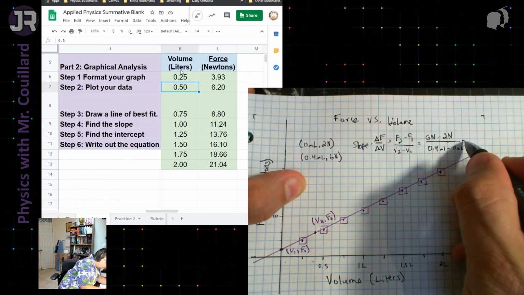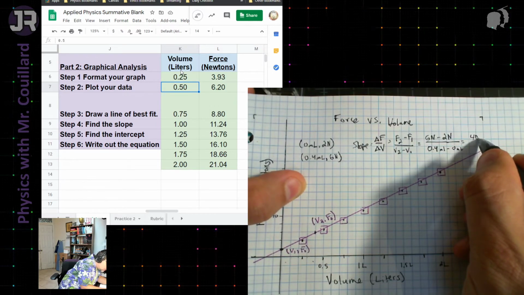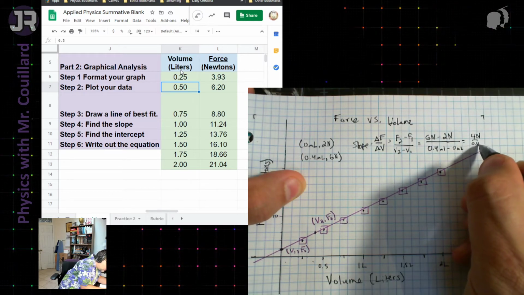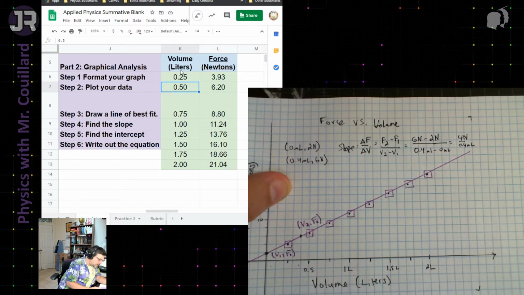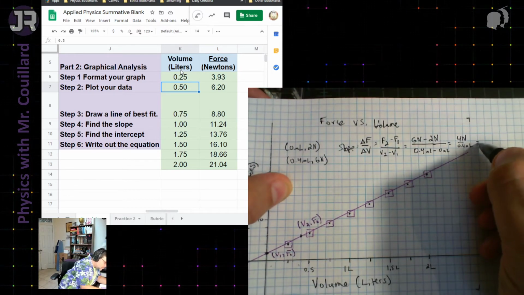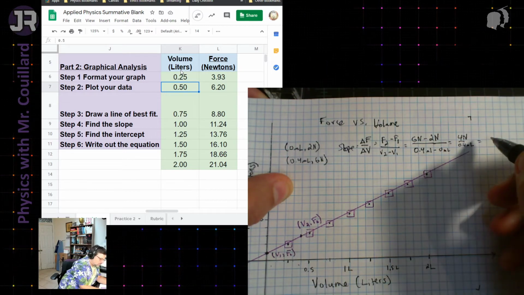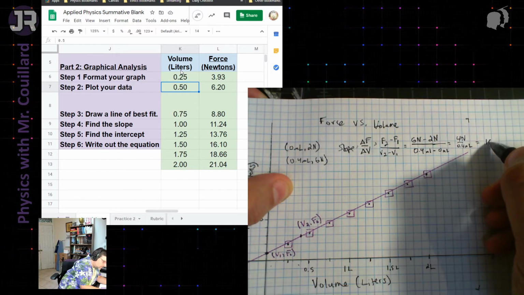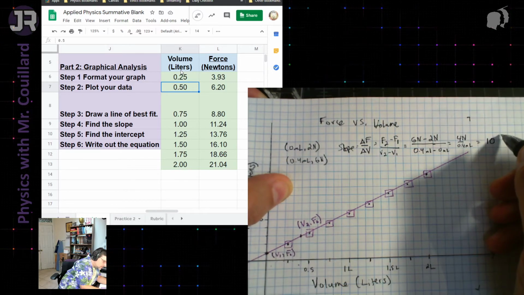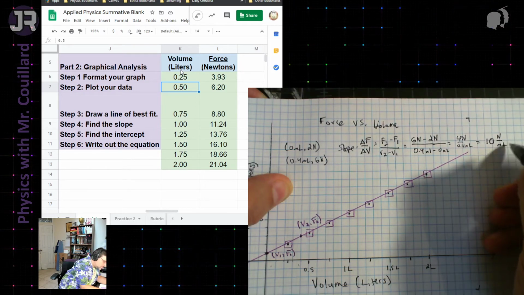Which is equal to 0.4, right? So then we end up with 4 newtons on top, 0.4 milliliters on the bottom, and we end up with a slope of 4 divided by 0.4. There are 10 0.4s in 4. So we end up with a slope of 10 newtons per milliliter.